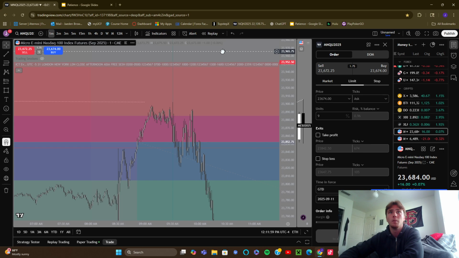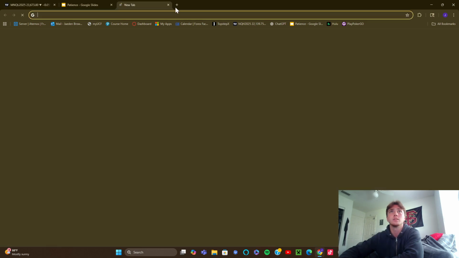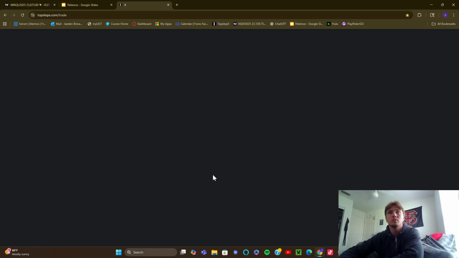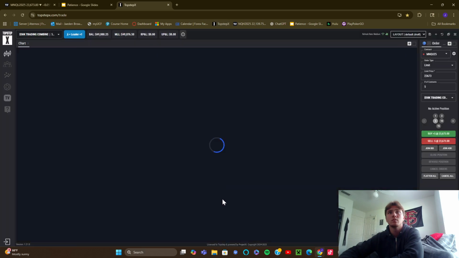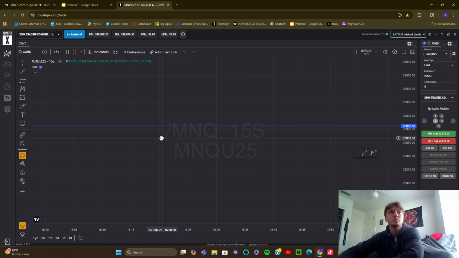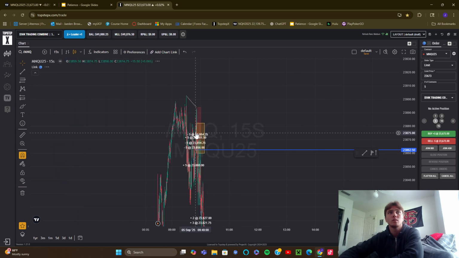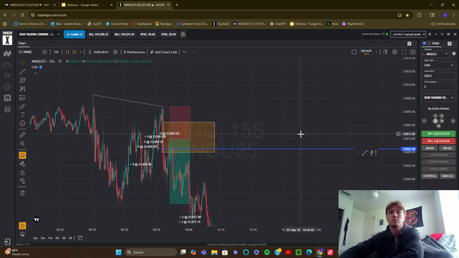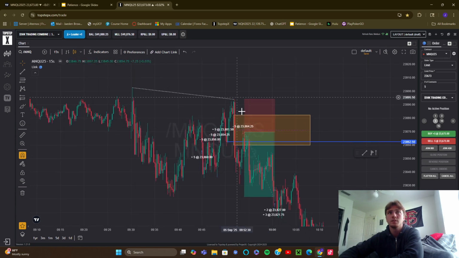So on Friday, let me show you this on the chart. You go to Friday's price action. This is literally my trade. S&P breaking structure, retracement into this fair value gap right here.